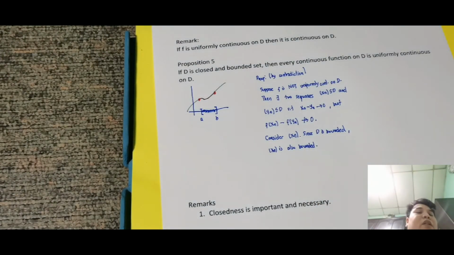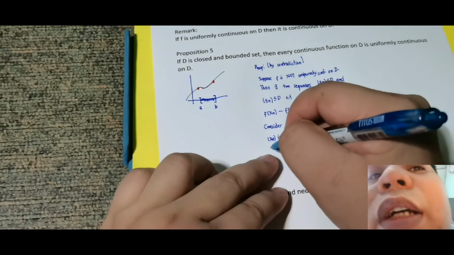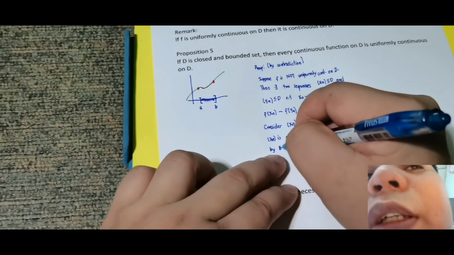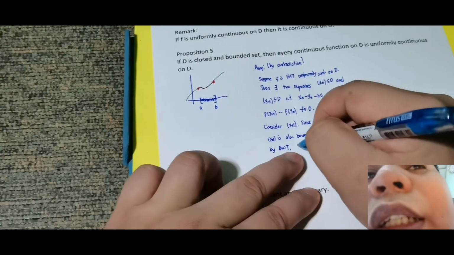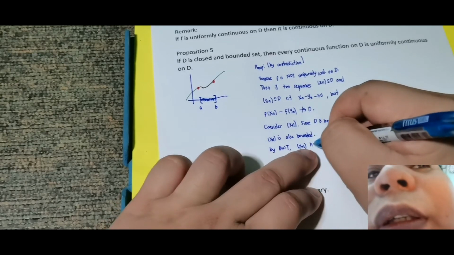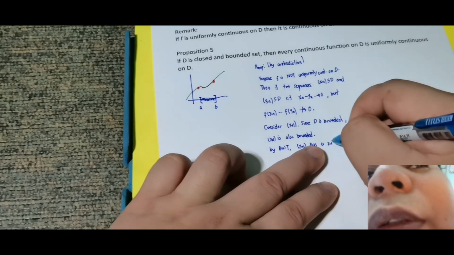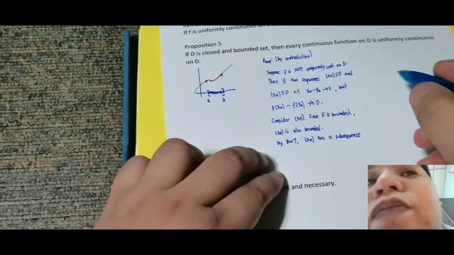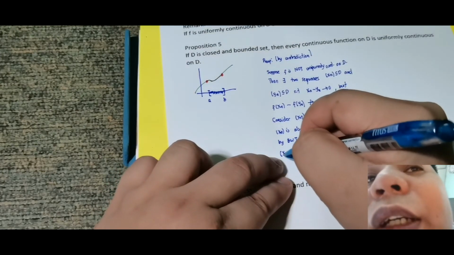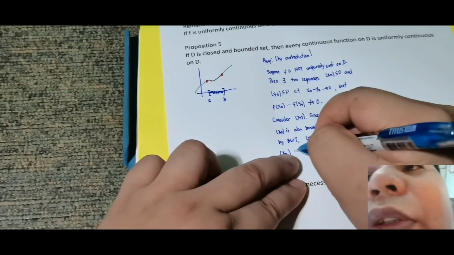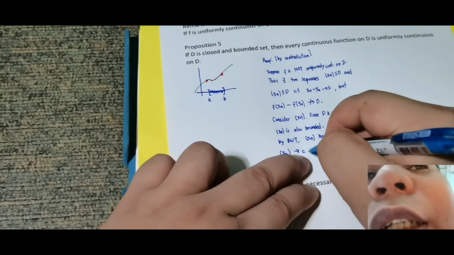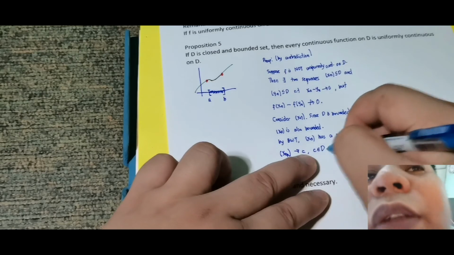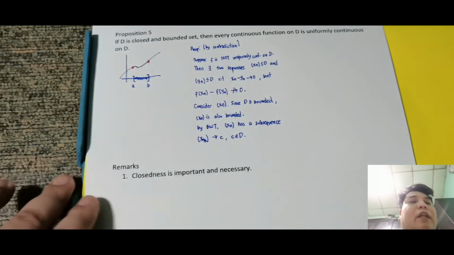Pag ikaw ay bounded na sequence, by the Bolzano-Weierstrass theorem, x sub n has a subsequence x sub n sub k that converges to, let's say, C, for C an element of the domain.